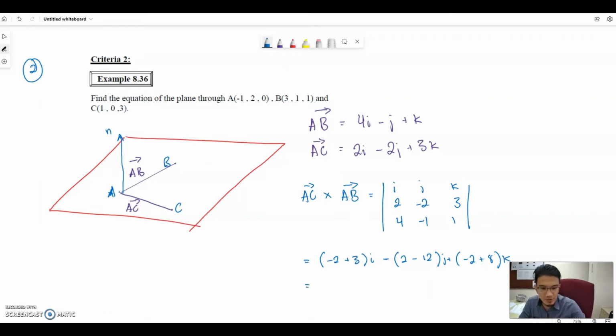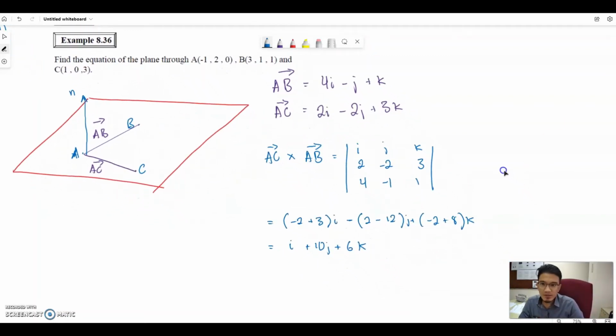Alright, so it will be equal to i and then plus 10j and then plus 6k. Alright, so this is the vector that is perpendicular to the surface of the plane.